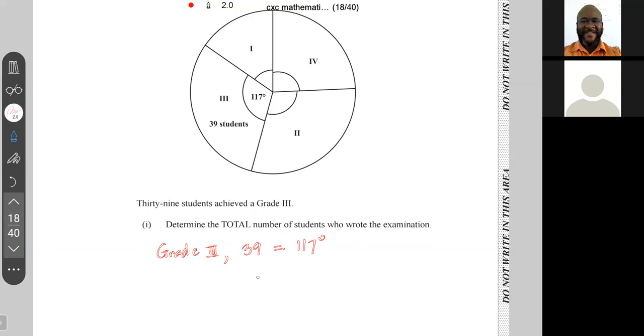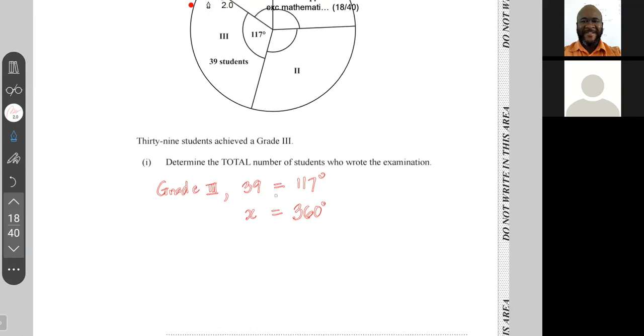The total number of students, I'll call it X, would be represented by 360 degrees. Then I would cross multiply: 117 X would be equal to 39 times 360.